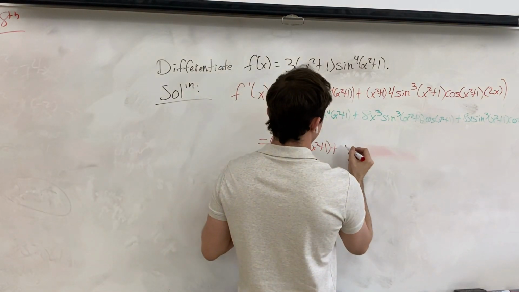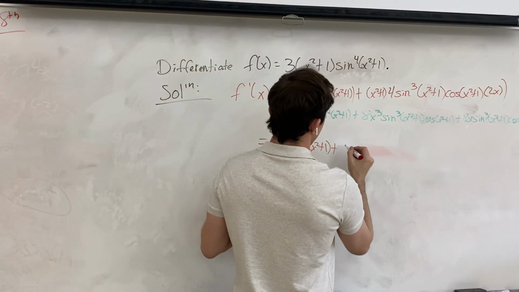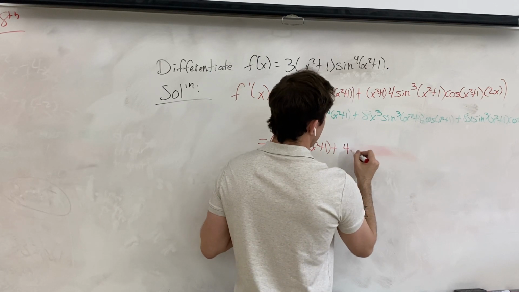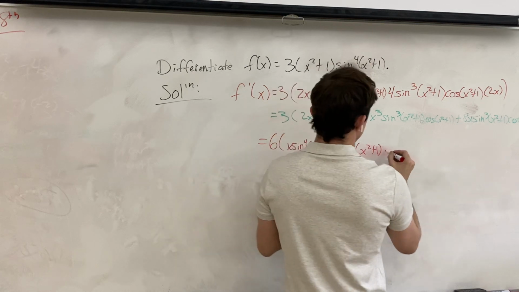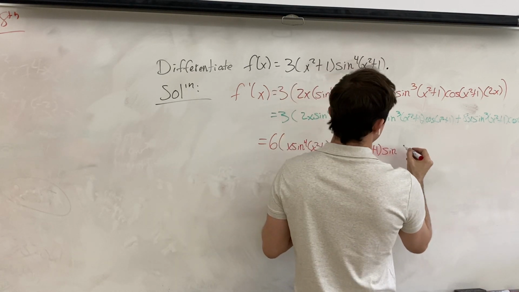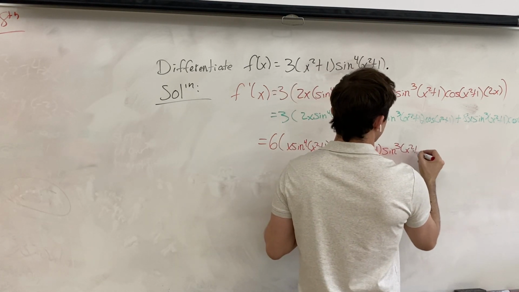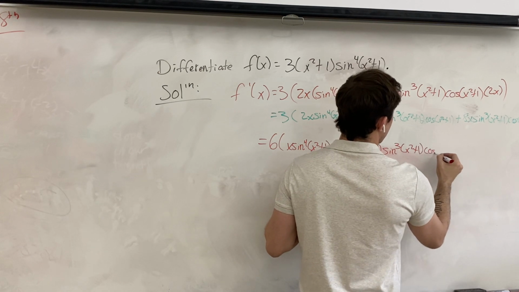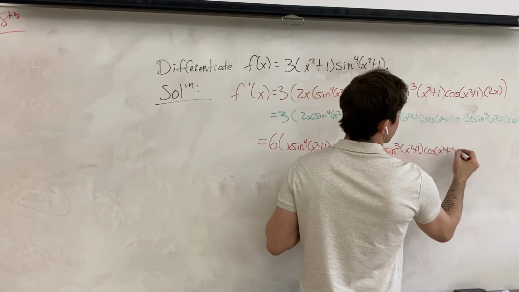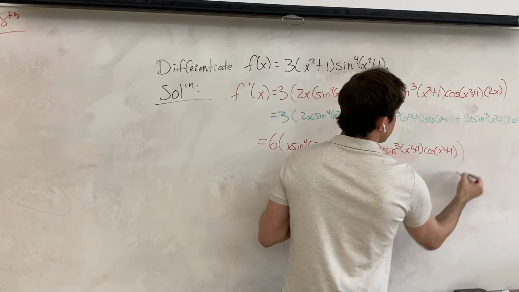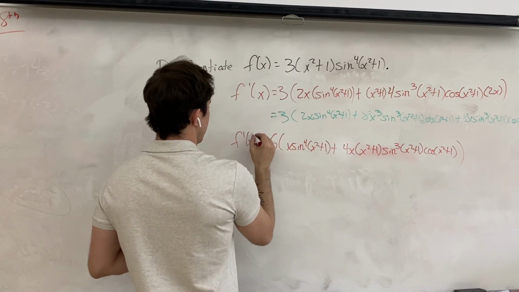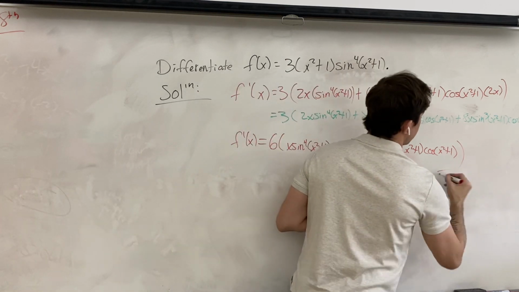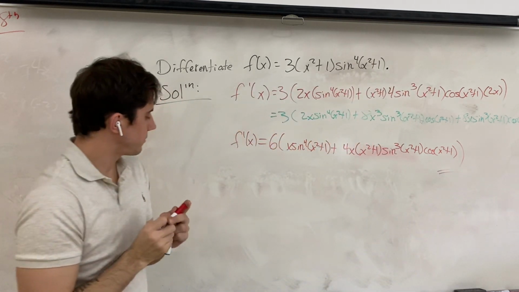So I'll have plus 4x (x squared plus 1) sine cubed of (x squared plus 1) cos of (x squared plus 1) and brackets. And that is how I would write my derivative in its simplest form.